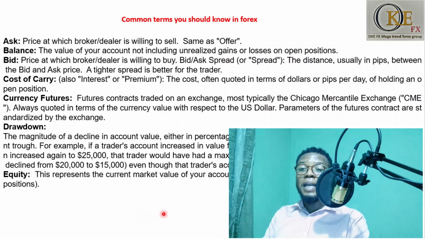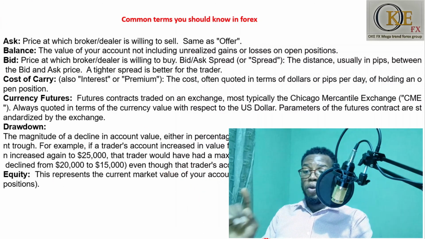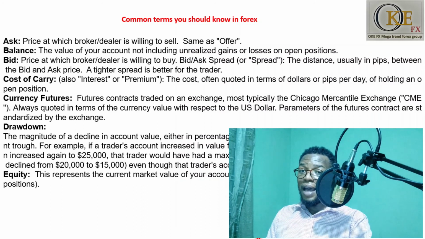If my account balance at the time I entered that trade was $500, you may be thinking that if I close this now, I'm still going to have $500. No.